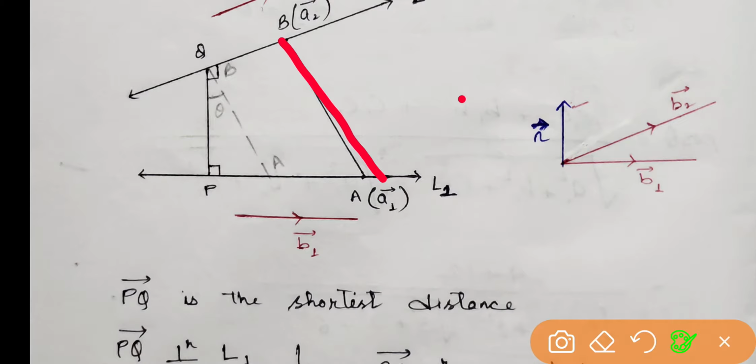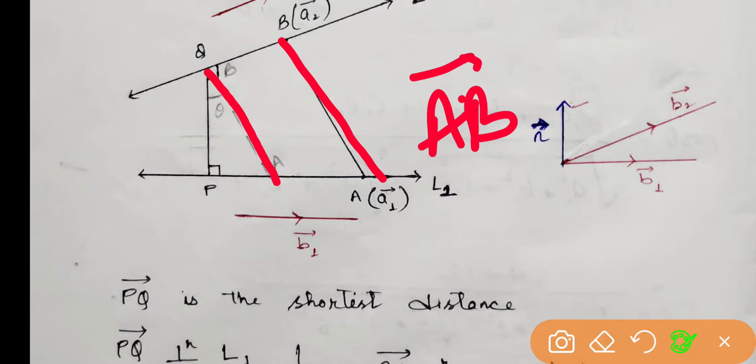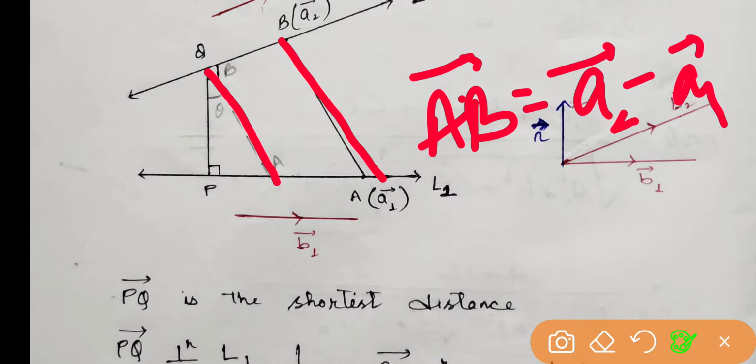I have moved that AB here. If I ask you what is my AB vector, what will you say? Can I say A2 minus A1? Because in vectors we have seen, if two position vectors are given, we subtract the first from the second.